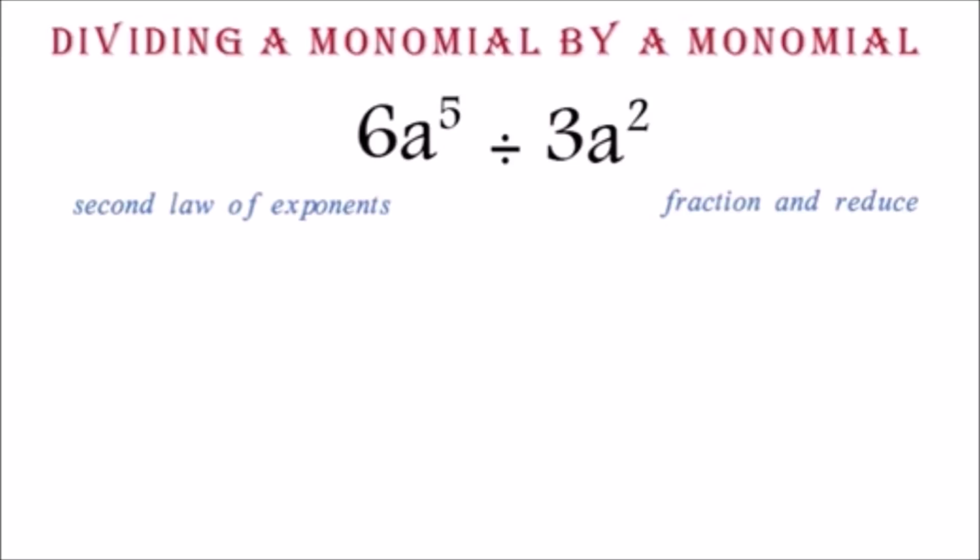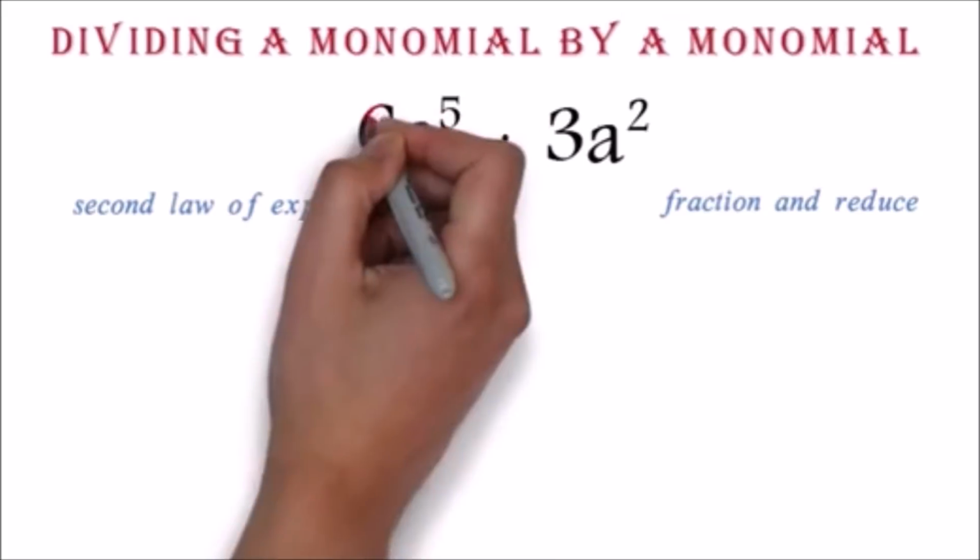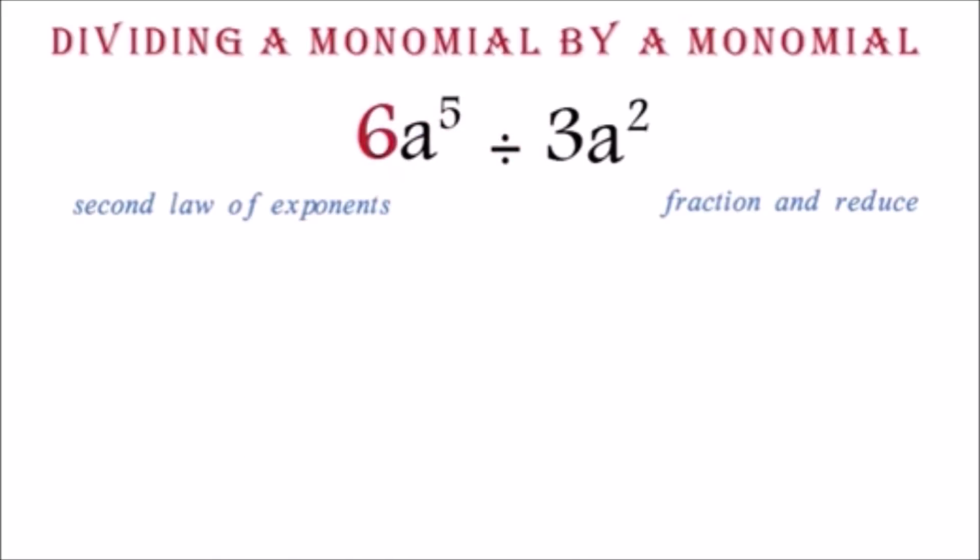Method 1. The first thing we do is to divide the coefficient of the dividend by the coefficient of the divisor. Here, 6a exponent 5 is the dividend and 6 is the coefficient. We divide it by 3, which is the coefficient of the divisor.